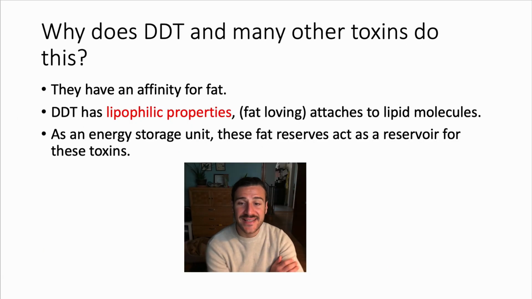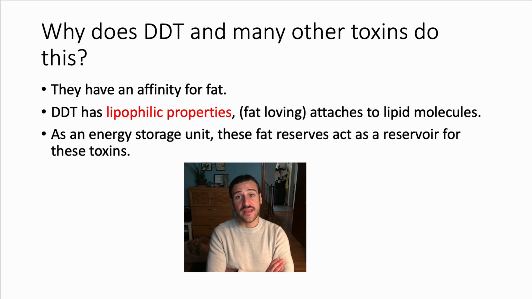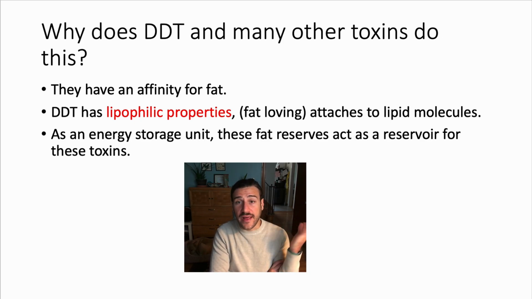So why does DDT and many other toxins do this? Well, if a molecule has an affinity for fat, which is another term, lipophilic properties, fat-loving properties, then fat is something that we store, that all animals throughout the animal kingdom store as an energy reservoir.